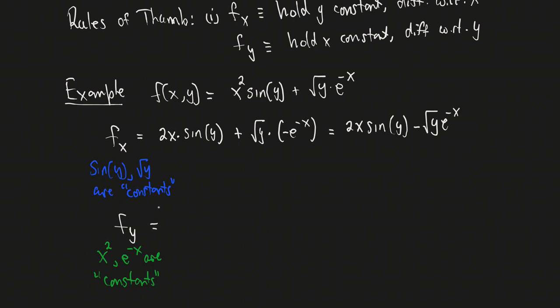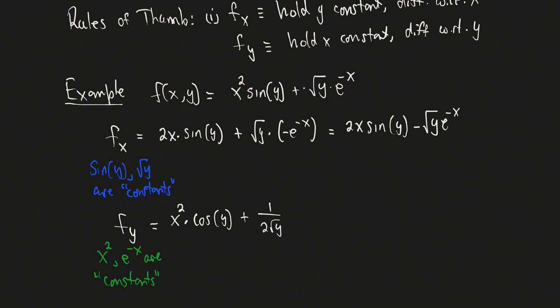So f sub y. If the x squared is a constant, that constant multiple comes down, and then I multiply by the derivative of the sine of y with respect to y. Well, that's cosine of y. Plus, now for the square root of y, we think of that as y to the 1/2, and then we do our familiar power rule, and when you rewrite it, you're going to end up getting 1 over 2 root y.